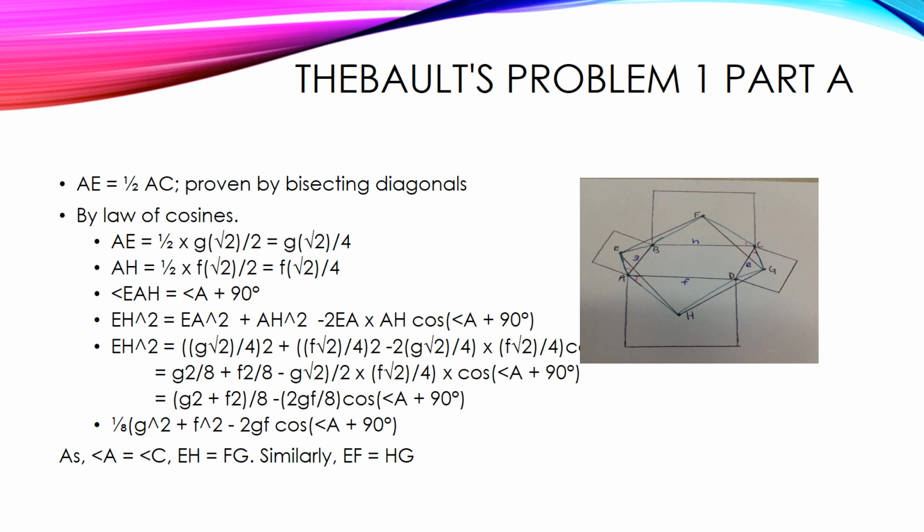And since angle A and angle C are congruent, EH and FG are also equal. Therefore, similarly, EF and HG are also congruent by the similar process, and that makes sense because opposite angles of a parallelogram are equal to each other.